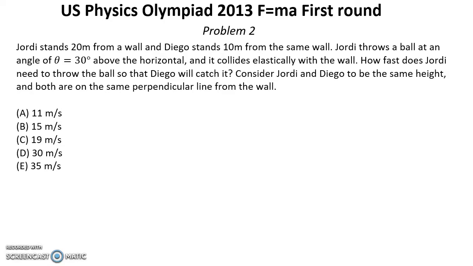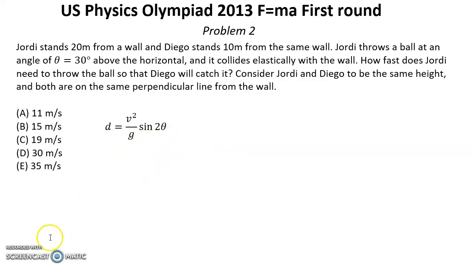Solution. In these circumstances, the wall behaves like a mirror for elastic collisions. It means that the equivalent distance between Georgie and Diego is 30 meters. And here we can use the formula for range. Distance equals v squared over g multiplied by sine double theta.